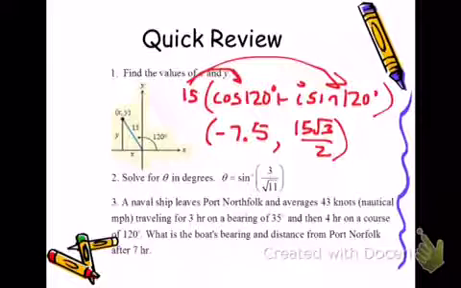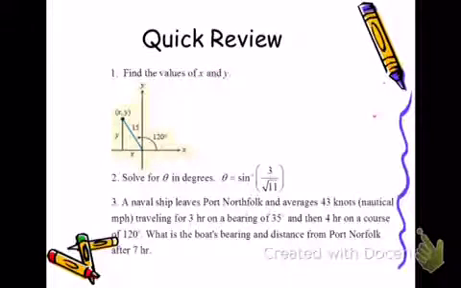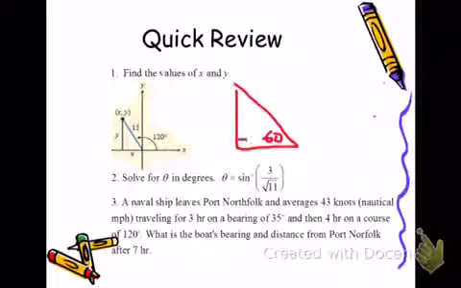Now, if you wanted to go back even a little further without using polar form or any type of complex stuff, we could just take this triangle, and somebody pointed out immediately that this was 60 degrees, right? And this is 15. That means this is 30 degrees.